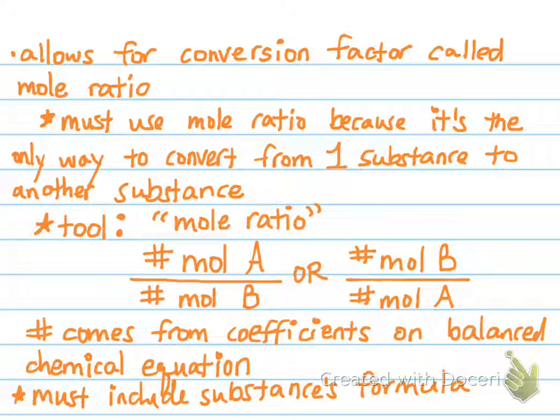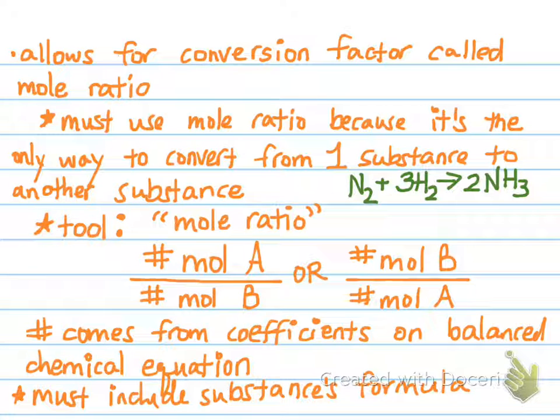I'm going to put it in a different color here. We'll make it green. So if we have the equation nitrogen reacting with hydrogen to produce ammonia, and we've used this equation already, so we're not going to bother with balancing it right now.